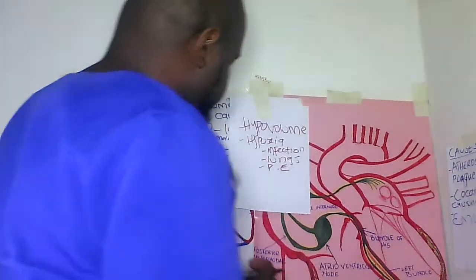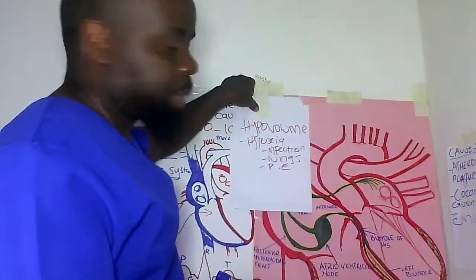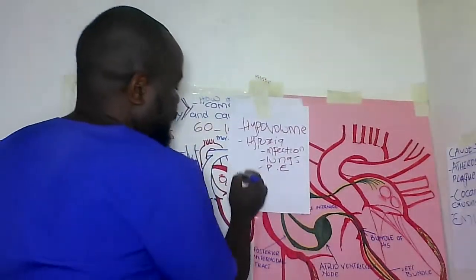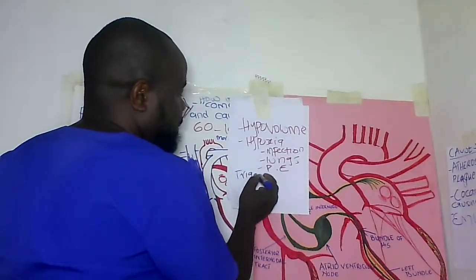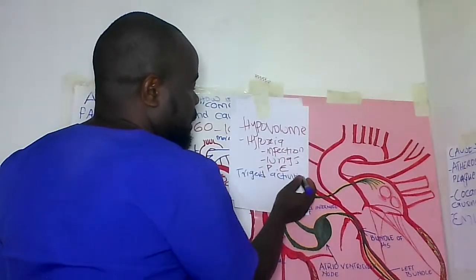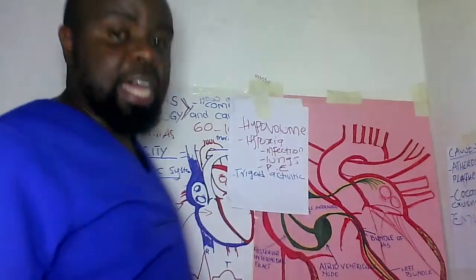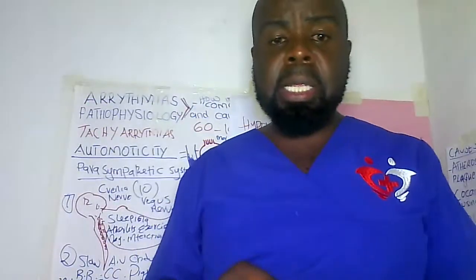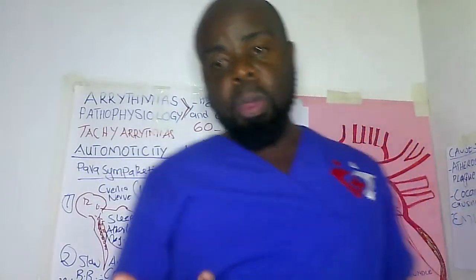Let me use this paper. Triggered activities. Triggered activities are things that can make you get low potassium or other electrolyte problems.